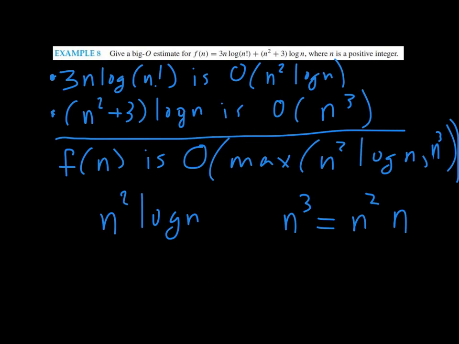But like I've said several times, log of n is less than n. So we get that the left-hand side is less than the right-hand side, which tells us that this function, f of n, which is the sum of those two parts, is going to be big O of n cubed.